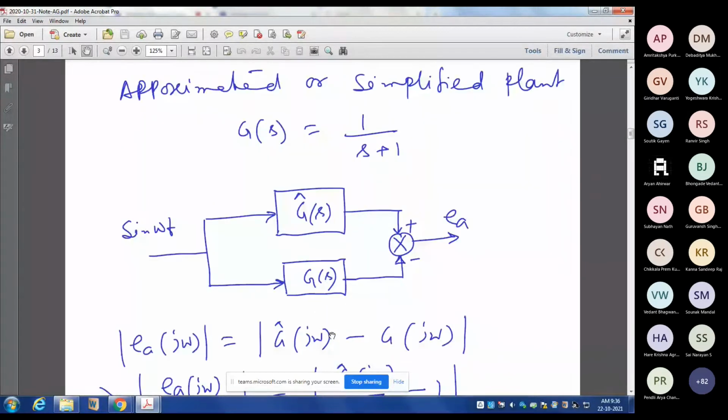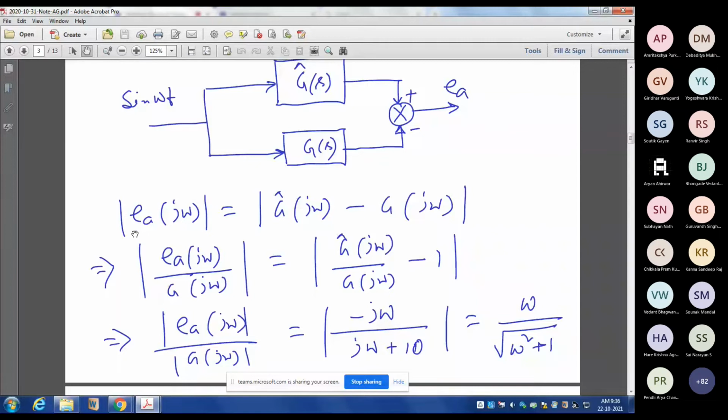So we can write EA of j omega equal to G hat minus G. If we apply sine omega t, then EA also will be sinusoidal.